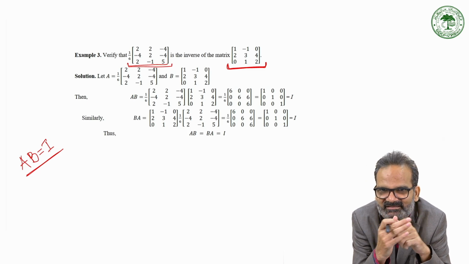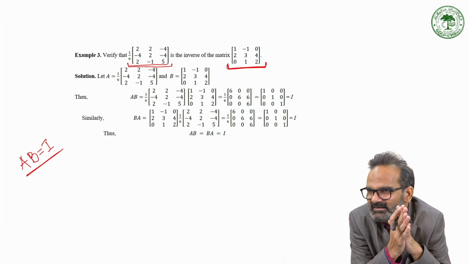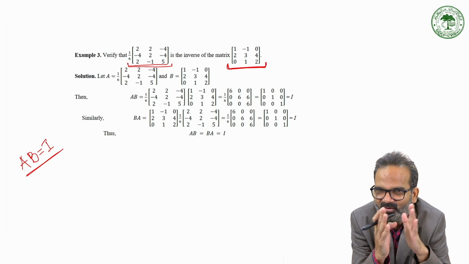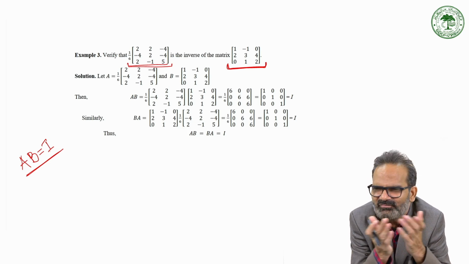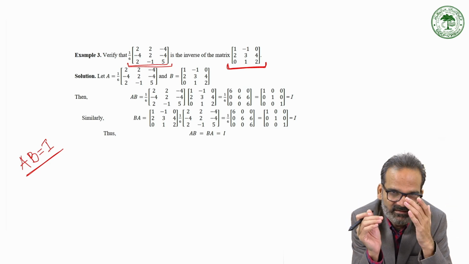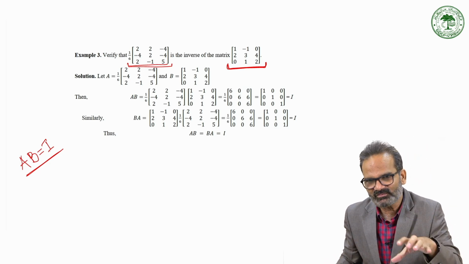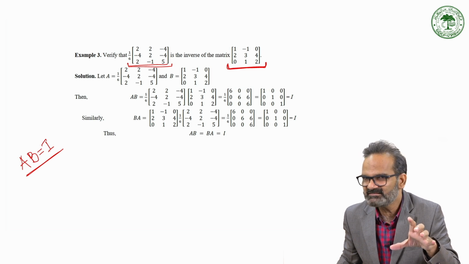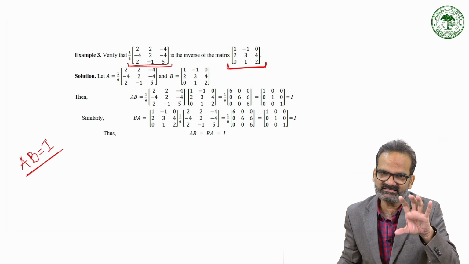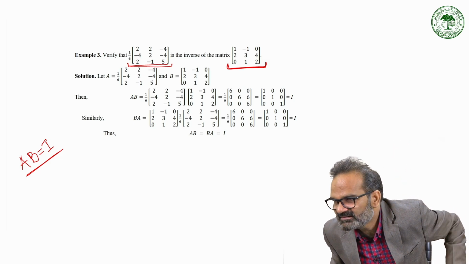So the first matrix will be considered the inverse of the second matrix if both are multiplied and the product comes out to be an identity matrix, the formal and basic definition of the inverse of a matrix. So multiply these two. If the product is an identity matrix, then it shows that the first matrix given in the question is the inverse of the second.